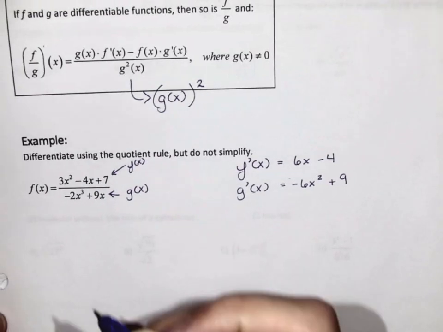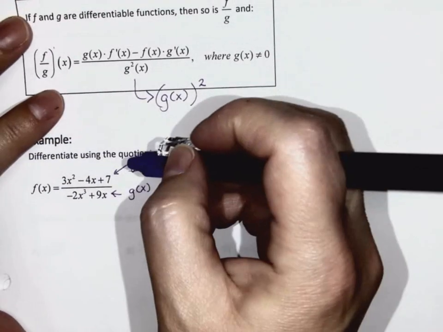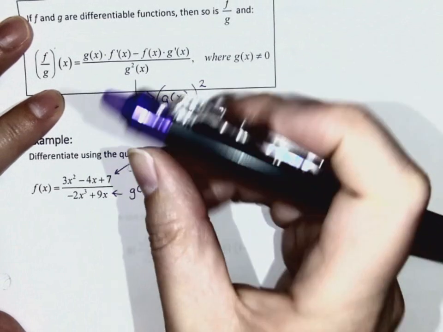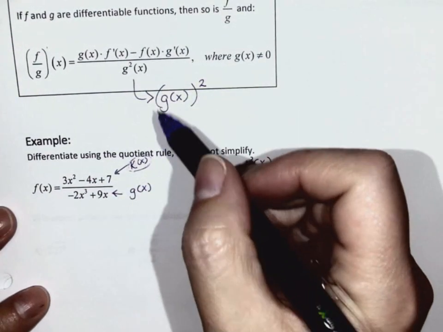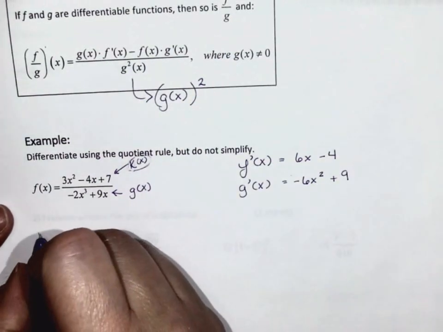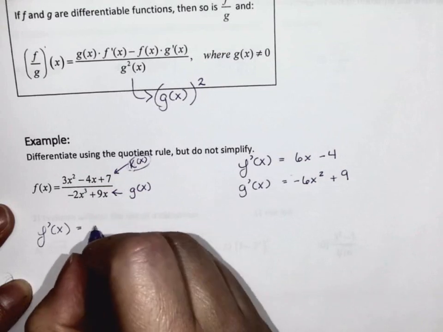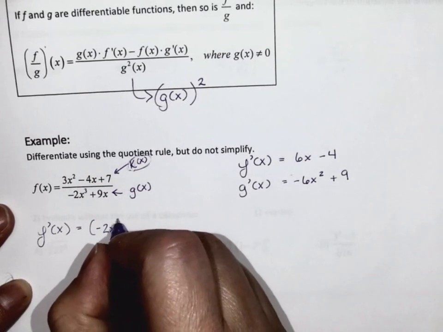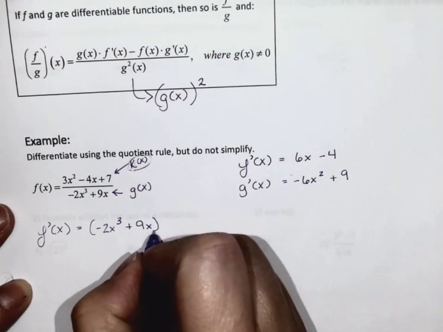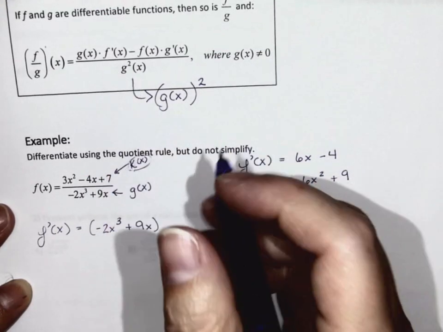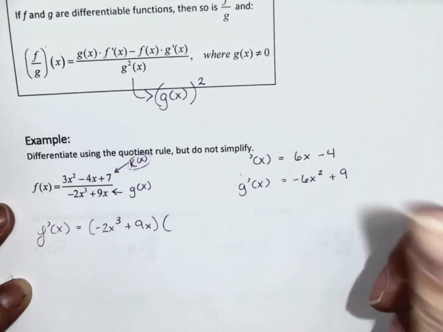I like to do those right off to the side before putting anything in the formula. It's kind of weird that this is f of x and this is f of x. We should rename this.